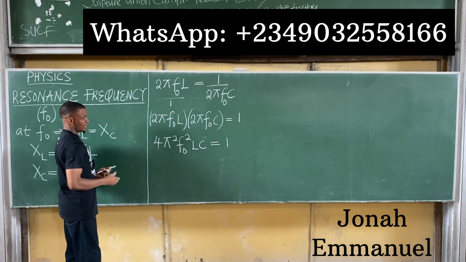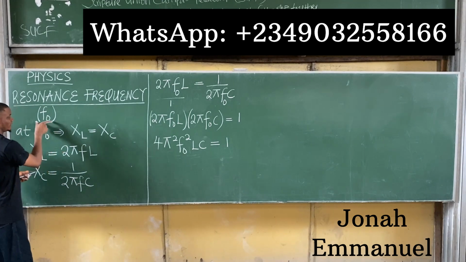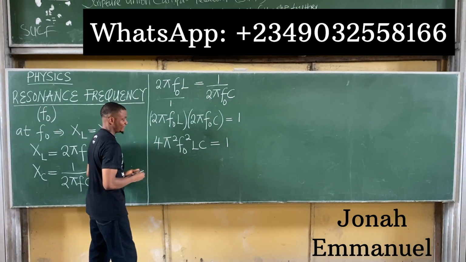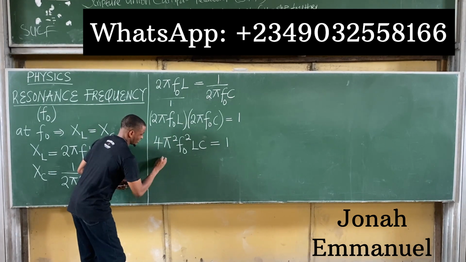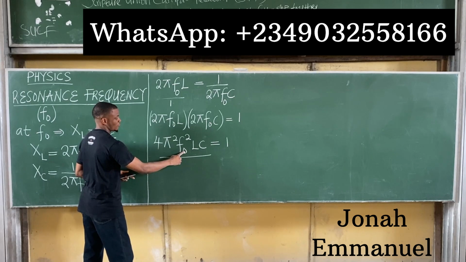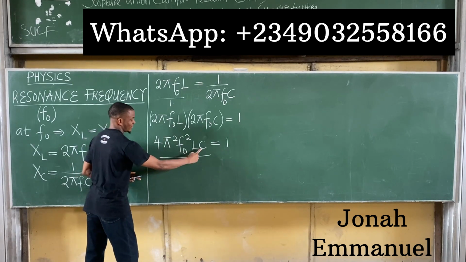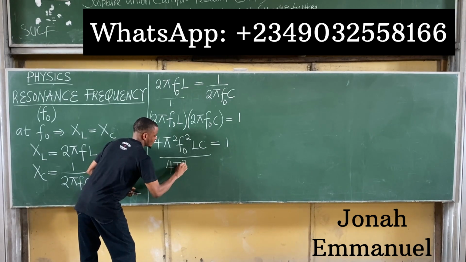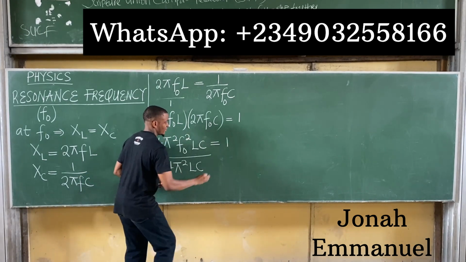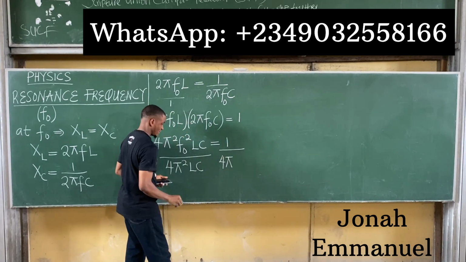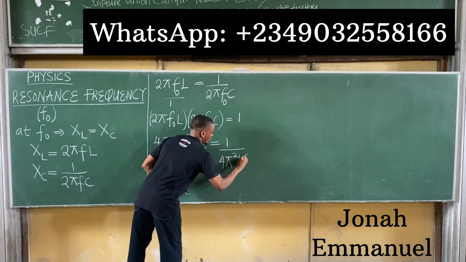All right, now we're trying to get the value of F naught. So I'll try to make F naught the subject of the formula here, which in this case would mean dividing here by everything attached to F naught, which is 4 pi squared LC. Divide here by 4 pi squared LC, divide here by 4 pi squared LC.